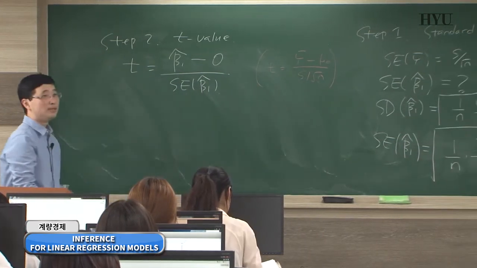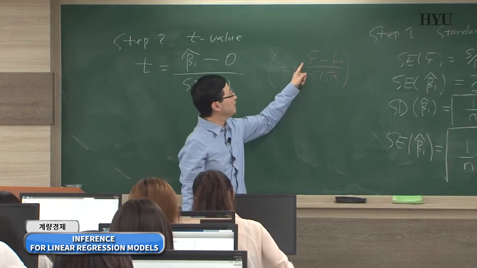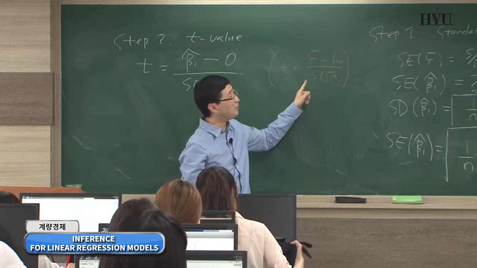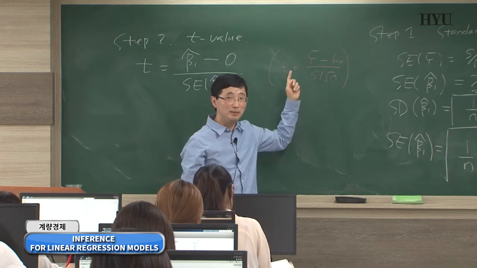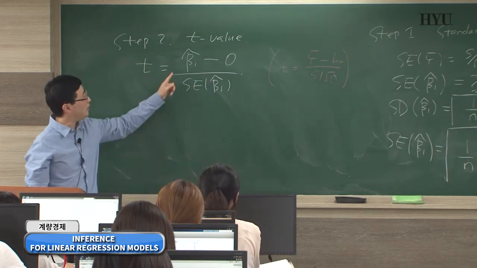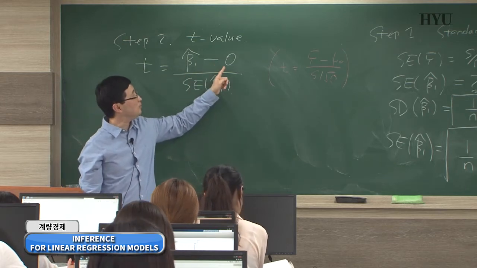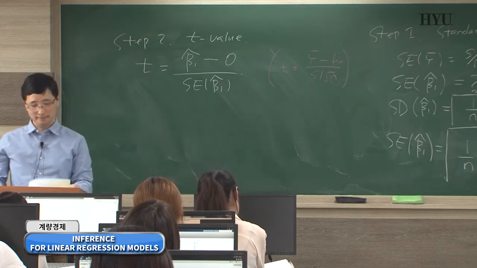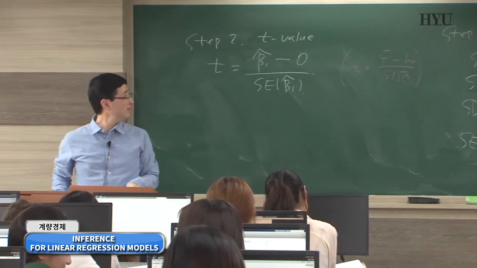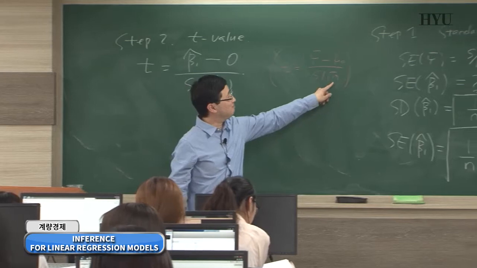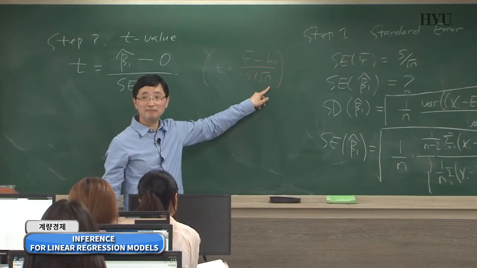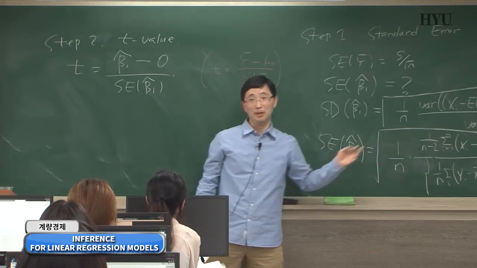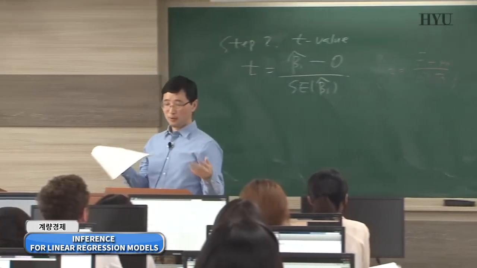So compare it against the t-value we had before. We essentially have the same thing. The sample mean minus the mean under the null divided by the standard error of the sample mean, right? So we have beta 1 hat minus beta 1 under the null divided by the standard error. So there's no difference. So where is the square root of n here? We used to have the square root of n. We still have it here, just hidden in the formula, okay? The square root of n is already taken care of.